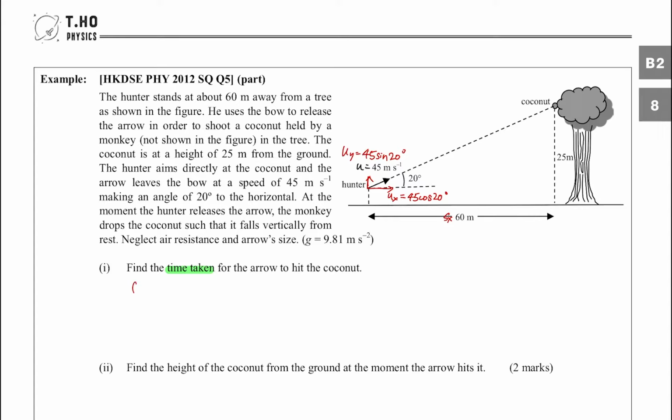So we consider the horizontal motion and write down the equations of motion. sx equals uxt. sx is 60. ux is 45 cosine 20 degrees. That gives us the time of flight of 1.42 seconds.